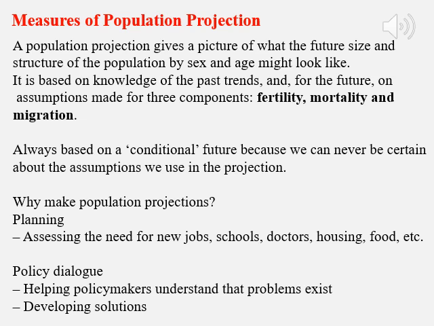What's the importance of population projection? It's useful for planning to assess the need for new jobs, schools, housing, food needs, and also to help the policymakers to understand the health problems in the community and to develop solutions to these problems.